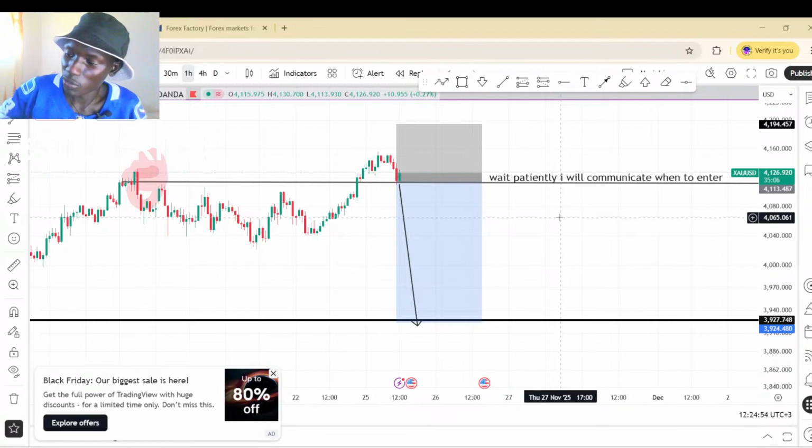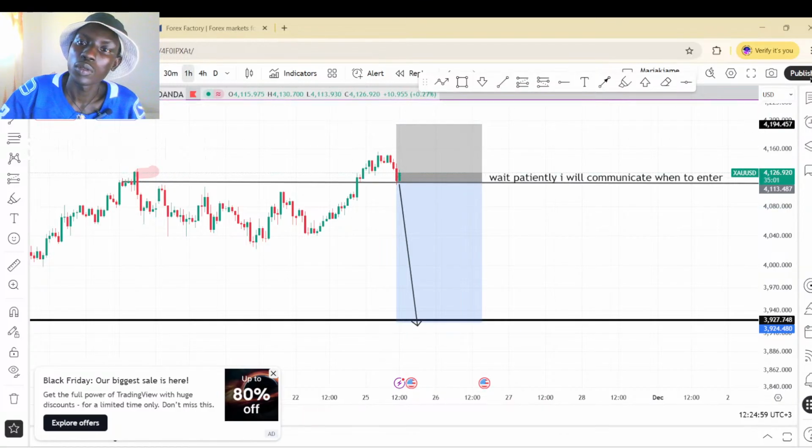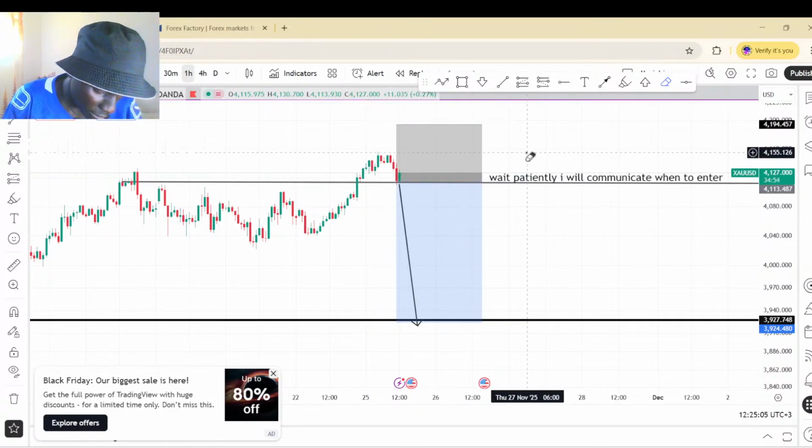As I told you guys, we don't expect it to break this. We're not expecting a break above it. That's why I'll put the stop loss right there. Let's wait for it.